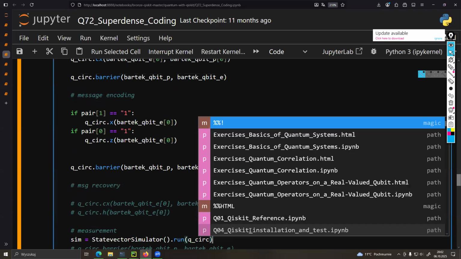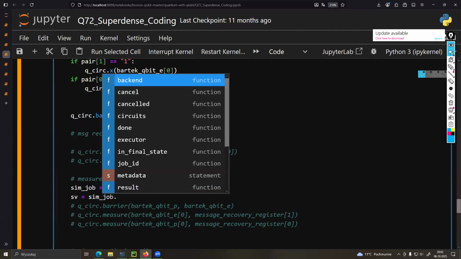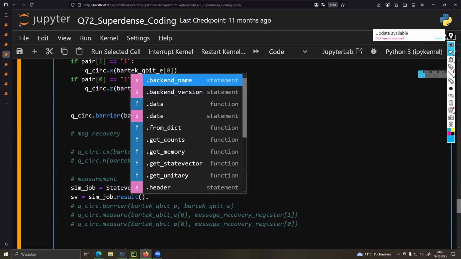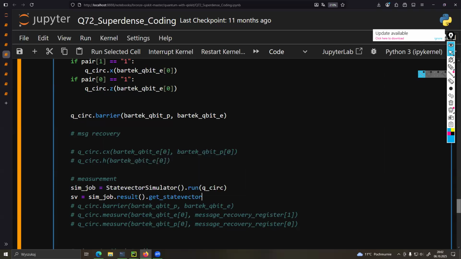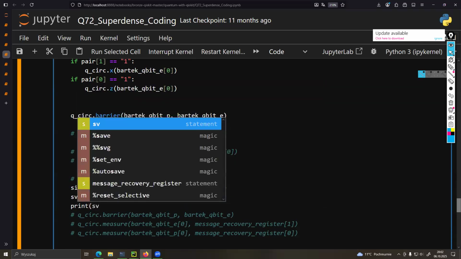We don't even need shots for this, to be honest. SV equals, this is a sim job actually, because we already ran the instantiation. Just after instantiation, simulation job dot result dot get state vector. And we could print this state vector.